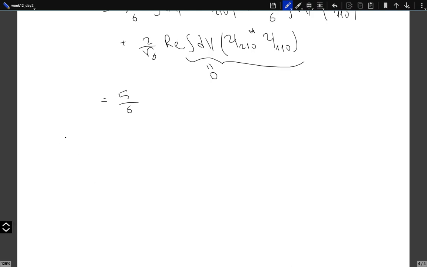And now, but there are some selection rules, which basically will tell us that not all transitions, although they might be energetically allowed, are possible.